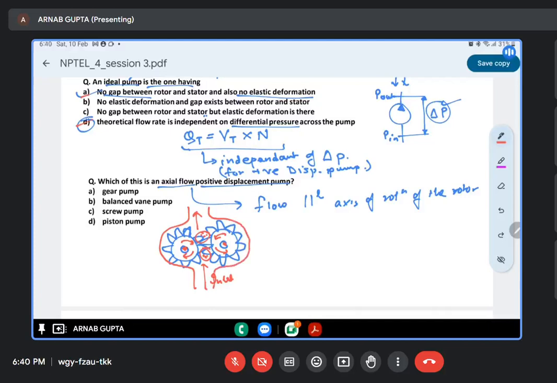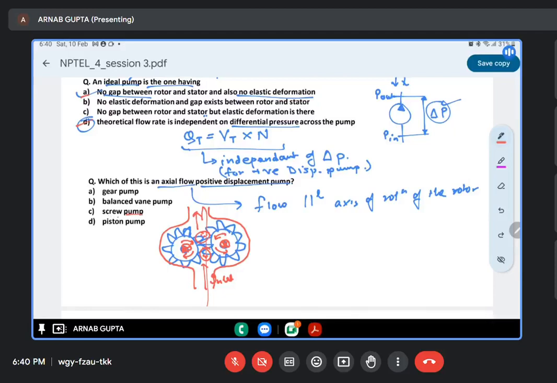So you can understand that the axis of rotation of the rotor, which is perpendicular to the plane of the paper, is perpendicular to the flow. In case of an unbalanced or balanced vane pump, also the same thing is there.